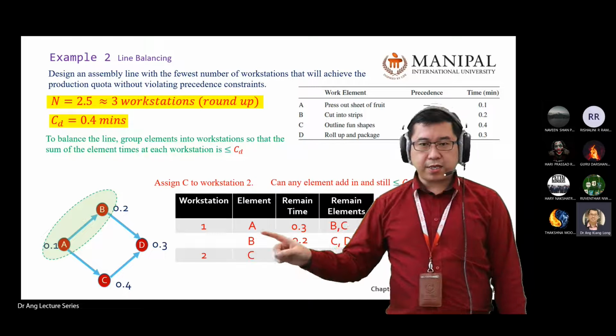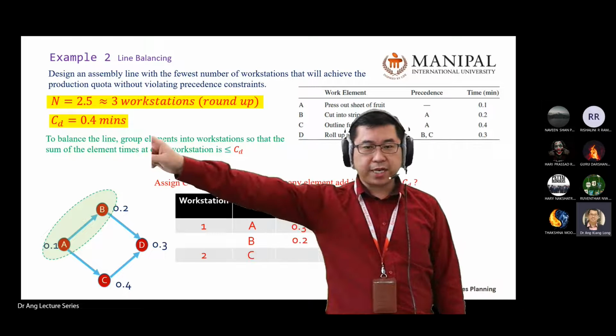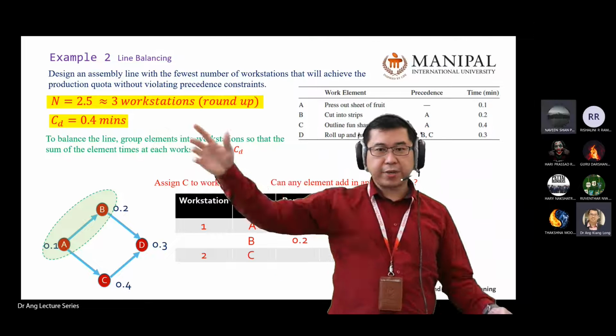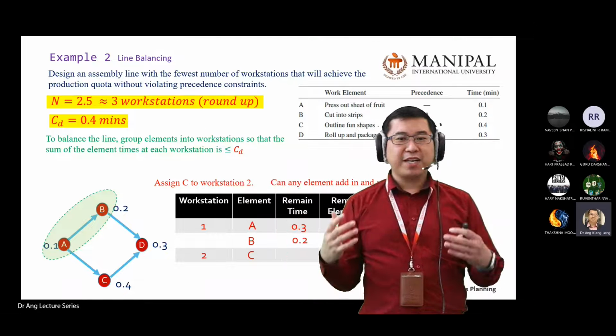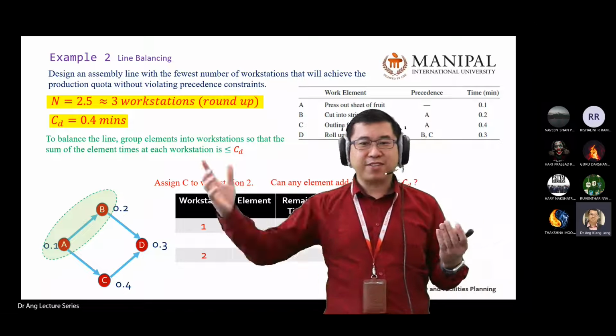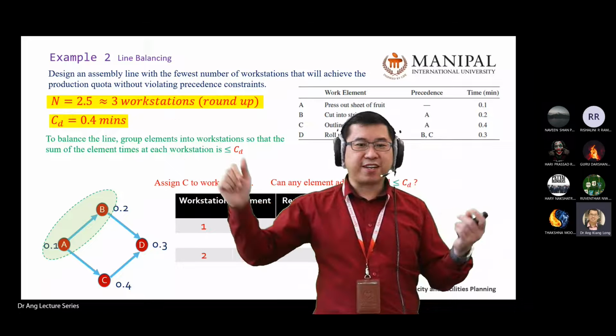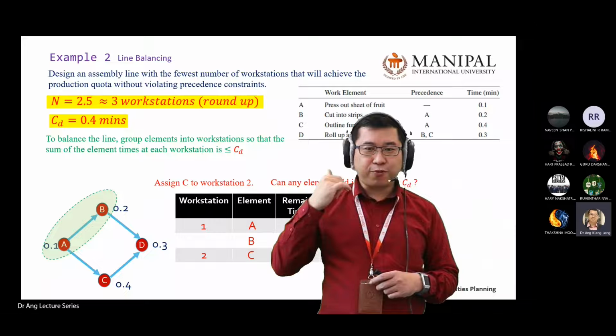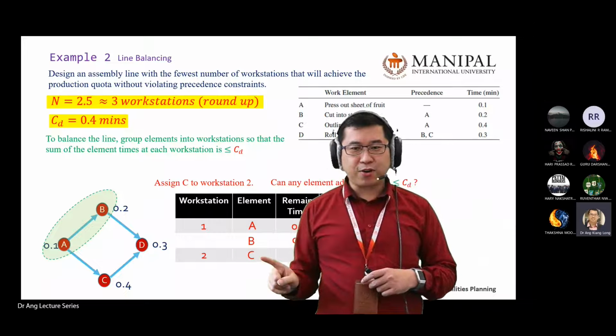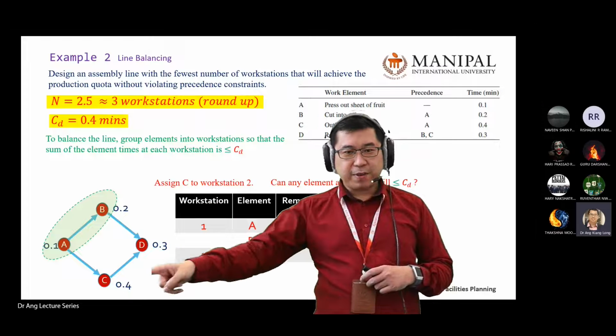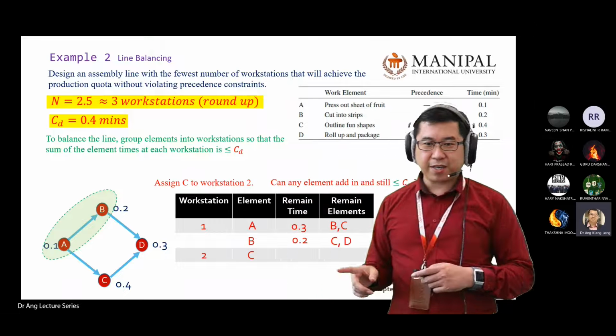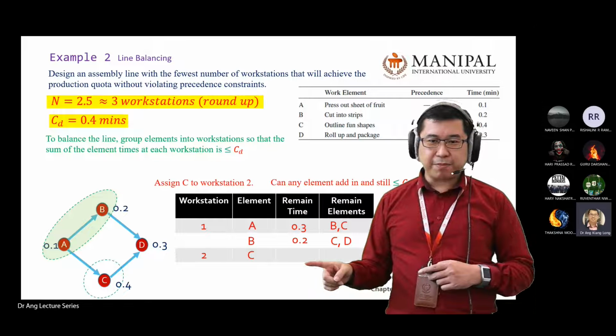So what is one workstation? What is the maximum time allowed? It's like a prepaid phone. Maximum credit that you have is 40 cents, for example. If you make a call for C, you've already spent 40 cents. So what is the remaining balance?